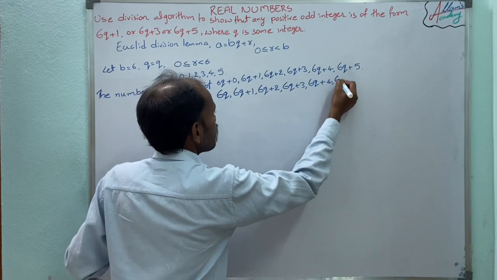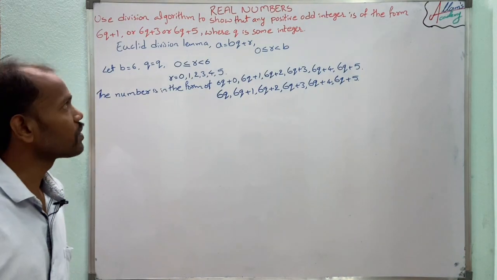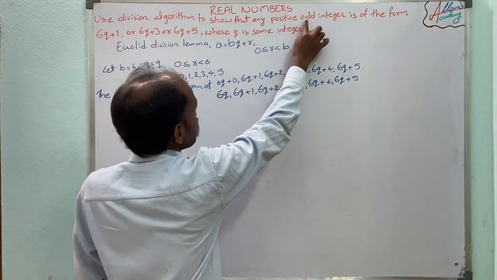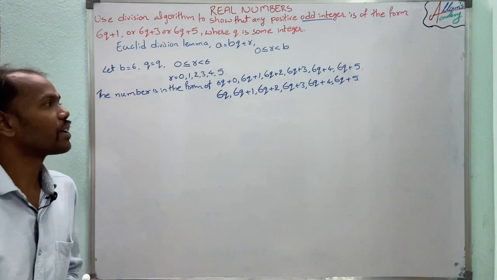Now if we observe the problem, they have asked us to show that any positive odd integer is in the form given.